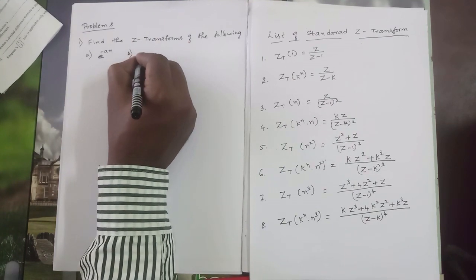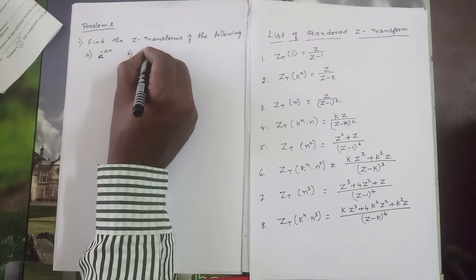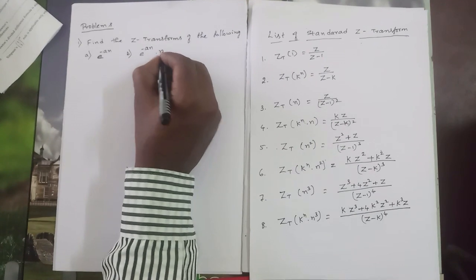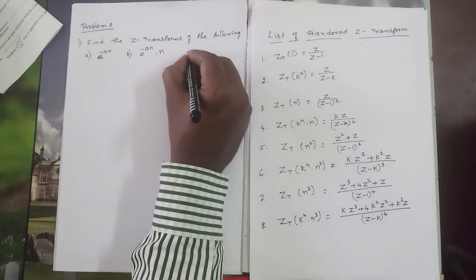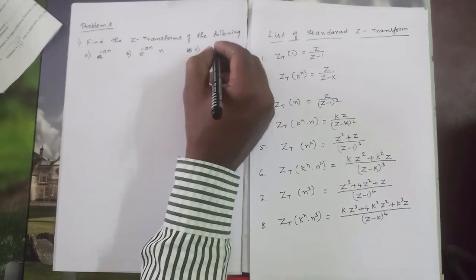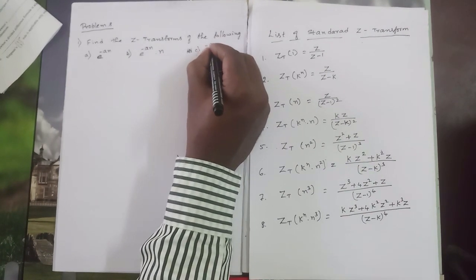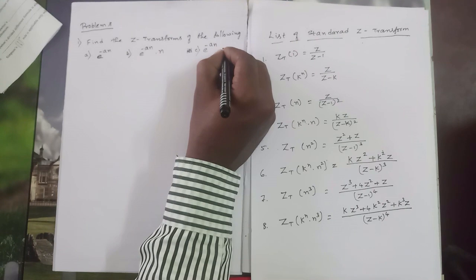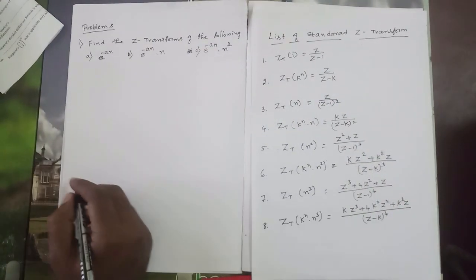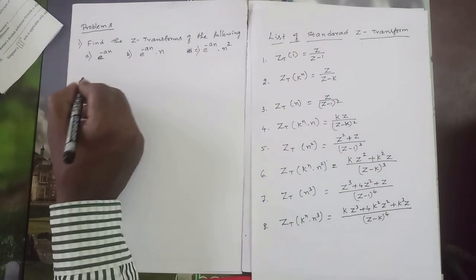Second one, e to the power of minus an into n. Next one, e to the power of minus an into n square. So, solution.